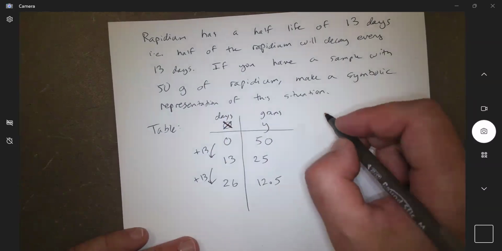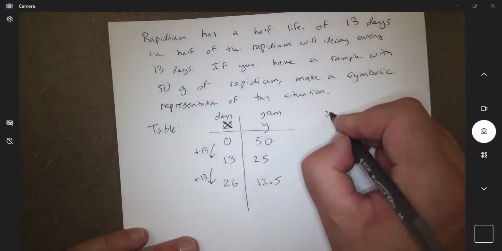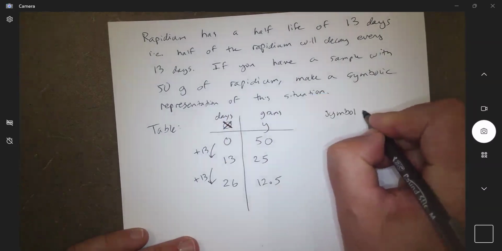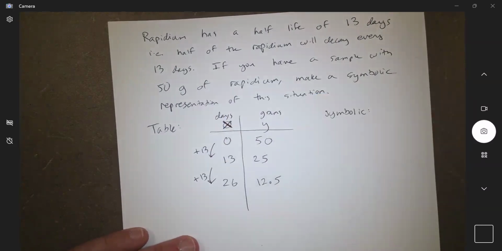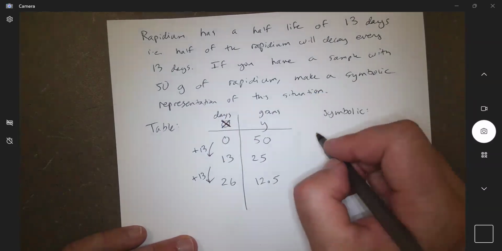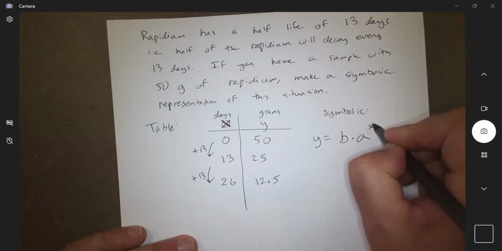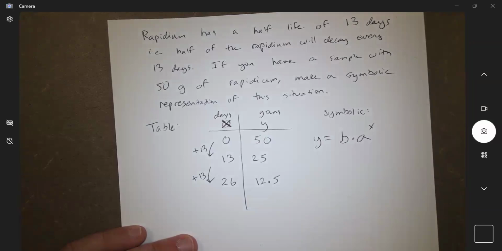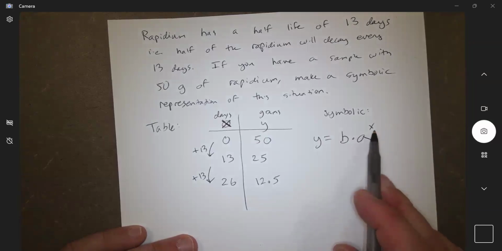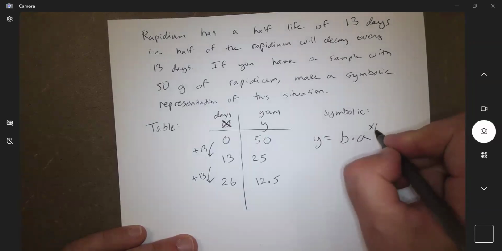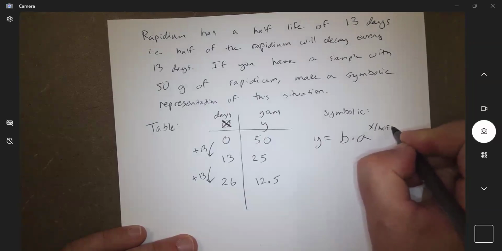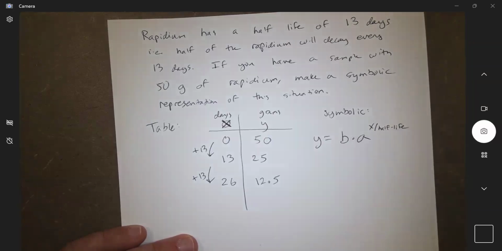So if I want to make a formula, I have to add one extra piece of information. Y equals B times A to the X. So far it's the same, but I have to change my exponent. I'm going to divide it by the half-life. B is the y-intercept.